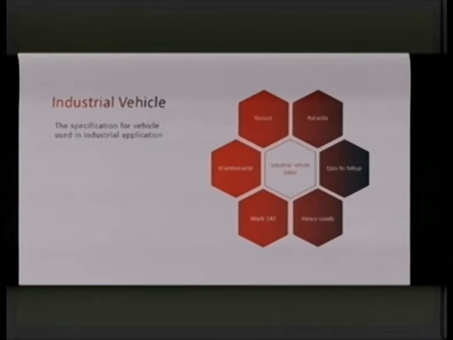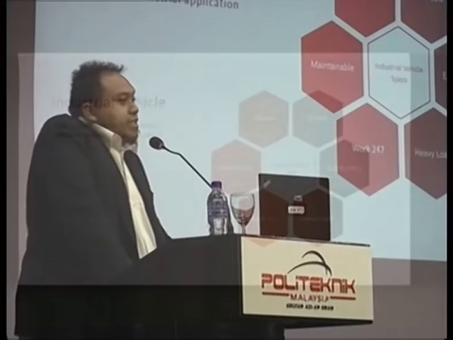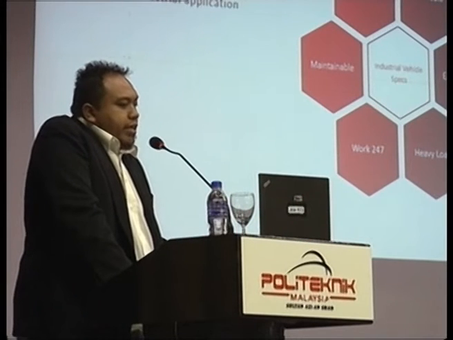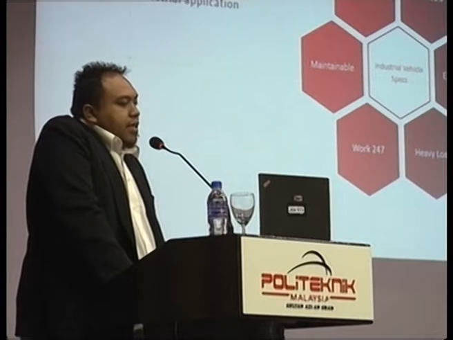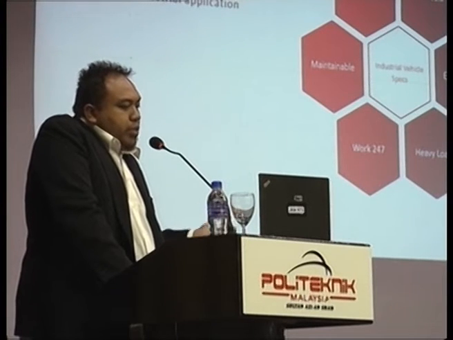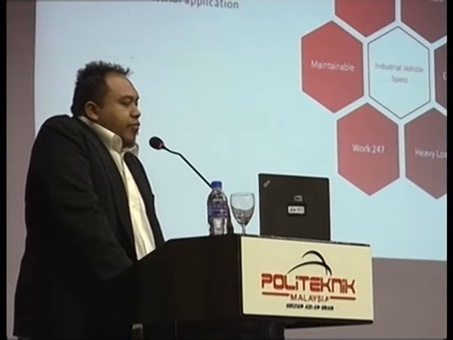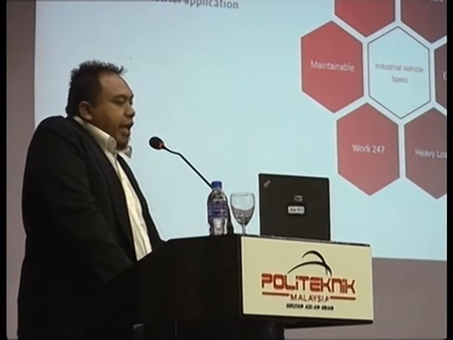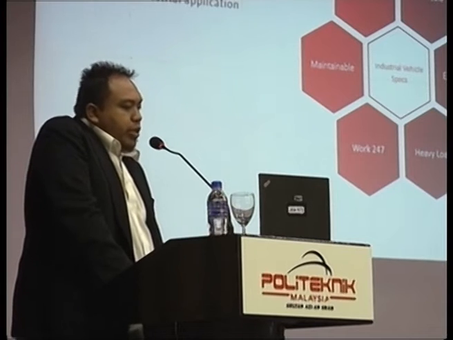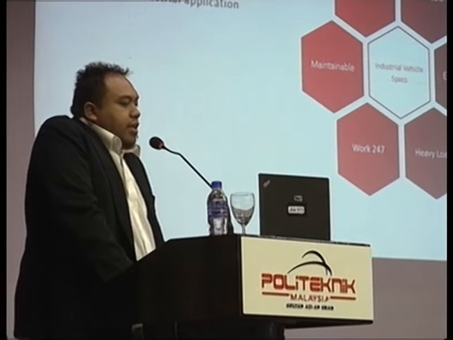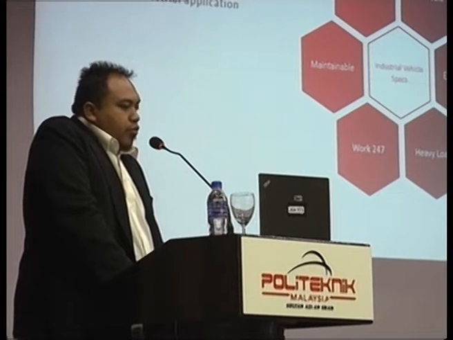Most of the handlers of this vehicle are just technicians, so it also must be easy to set up and easy to maintain. And most vehicles used in industry work 24/7, non-stop, and most of them carry heavy loads. So it consumes a lot of power and works 24/7.